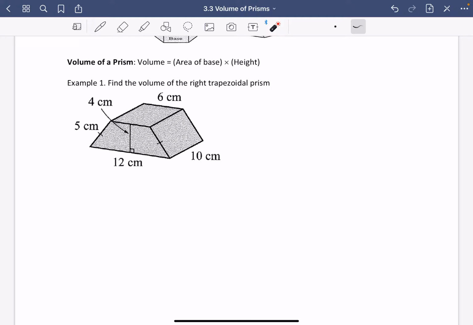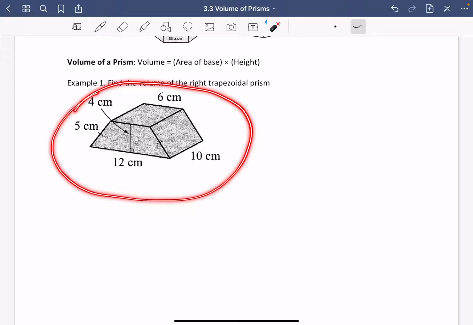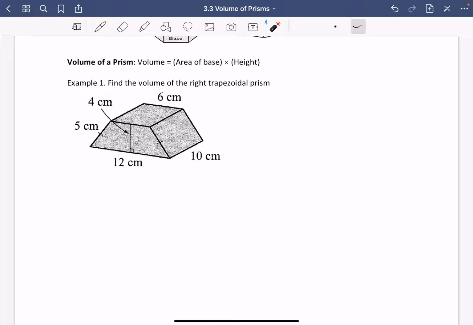Okay, so example number one, looking at this prism here, which face do you think stacks up to give you this prism? Well, of course, it will be this face, right? Okay, so how do I find the area of this face then?